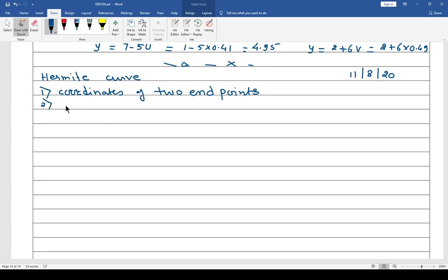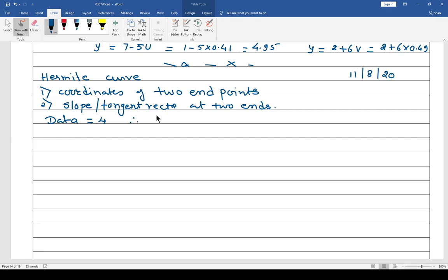Secondly, slope, or I could say tangent vector at two ends. So if these four data are available, I can draw the curve. So how many data do I have? Data is equal to 4.